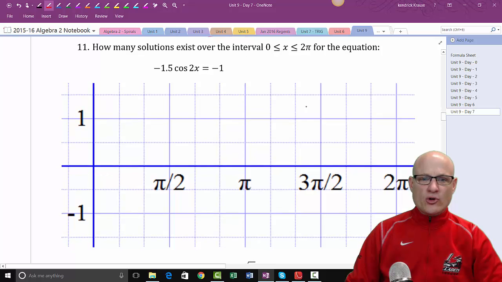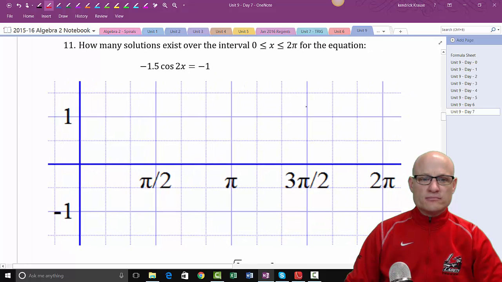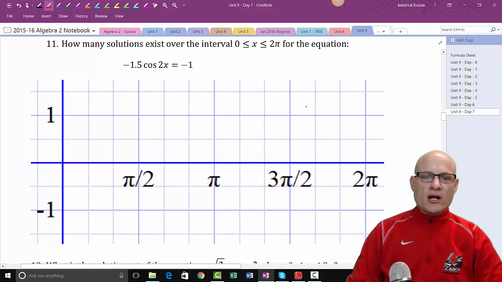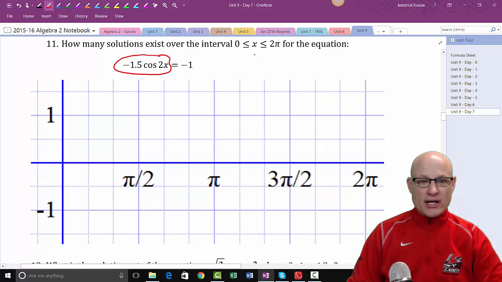How many solutions over the interval for this equation? All right. So what I basically want to do is graph this. It has no midline, or the midline in this case is the x-axis. We're going to start at a minimum, which is -1.5.